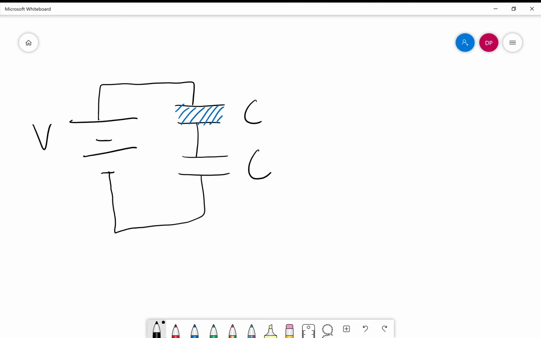Before I get too detailed into that problem, I want to take a couple steps back and look at some other problems that we may have done. So let's say that you have a battery and you have a capacitor, and you assemble this circuit.